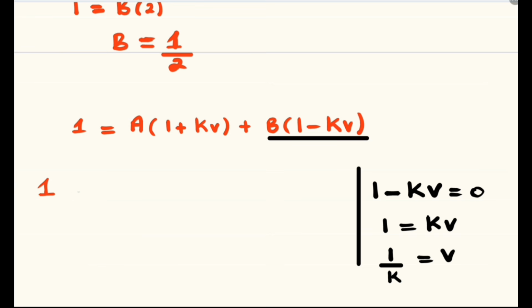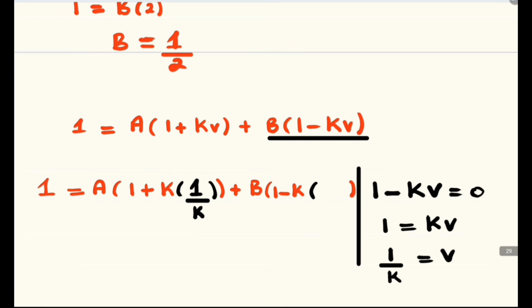We substitute the v, so we have 1 is equal to a multiplied by 1 plus kv, but in the place of the v, we substitute 1 divided by k, plus b multiplied by 1 minus kv. In the place of the v, we substitute 1 divided by k.